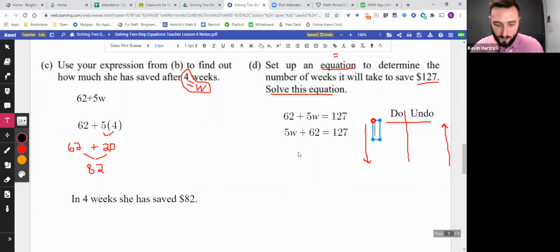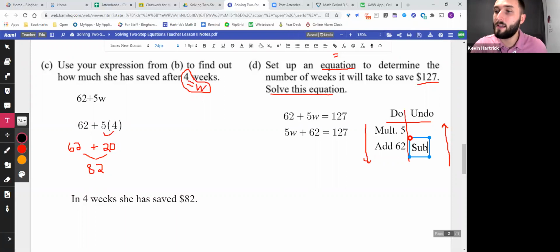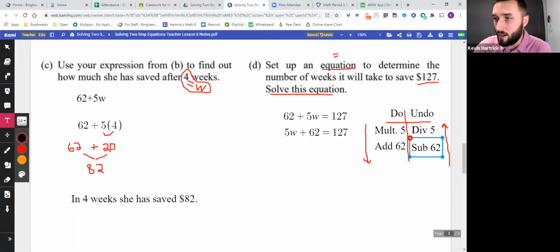Well, the first thing happening is multiplying by 5. Then after that, there's an addition of 62. So in order to undo, I need to do the opposite. So I'm going to subtract 62, and then I'm going to divide by 5. I have my 2 steps in my undo column. I'm starting from the bottom going to the top.